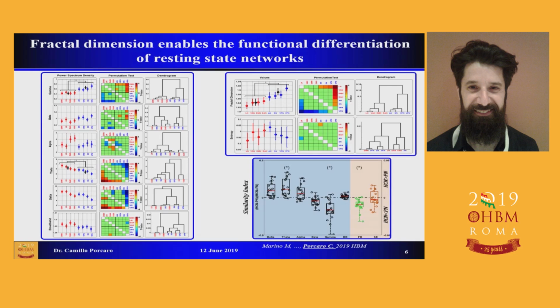What we found is that the high cognitive functions are dominated by lower frequencies, so delta, theta, and alpha. Instead, the perceptual networks are dominated by high frequencies like beta and gamma. From the fractal dimension point of view, the perceptual networks have a more complex signal with respect to the high cognitive functions.